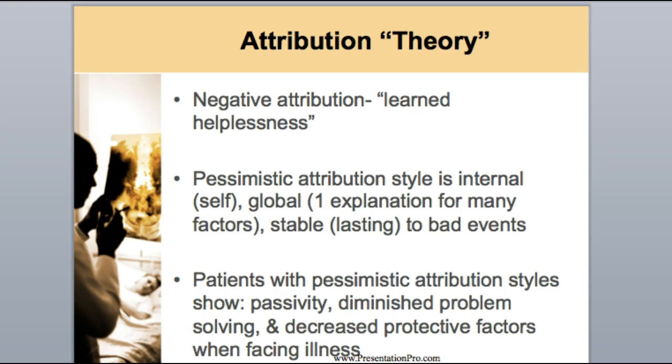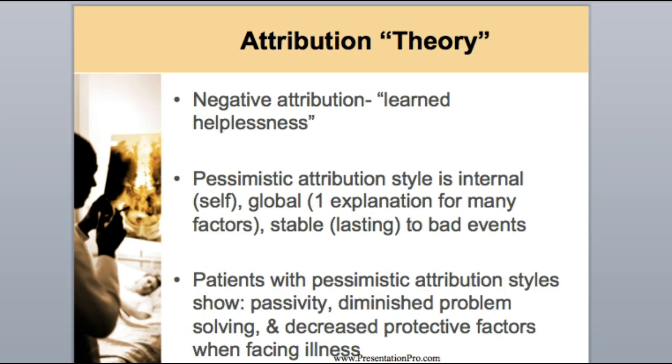Also, they tend to take a more global look, in that instead of considering how many factors could have contributed to what is going on, they tend to look at that one explanation. And then also those people who tend to have pessimistic attribution style tend to have this lasting negative view of their lives. This isn't something that is passive and lasts for a couple months.